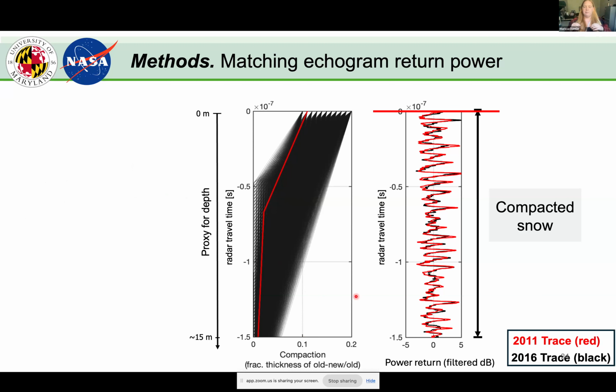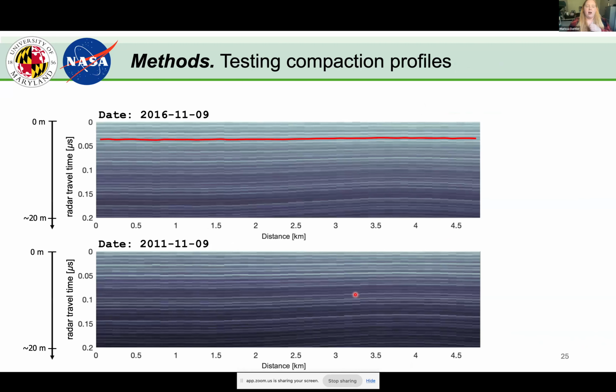And if we focus now on the top of these lined up layers at the interface between the newer accumulation and the older, we can plot that on this 5-kilometer echogram. So this 5-kilometer echogram on top is from the newer traces. It's from 2016.